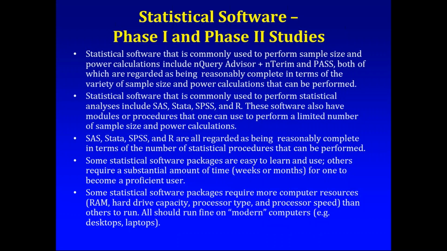As I said, though, they're regarded as being reasonably complete in terms of the variety of calculations that can be performed. So anything that a statistician would want to do in terms of calculation for an investigator can be done using one of these software packages. If it's not included in these, then there might not be a way to do that kind of calculation.